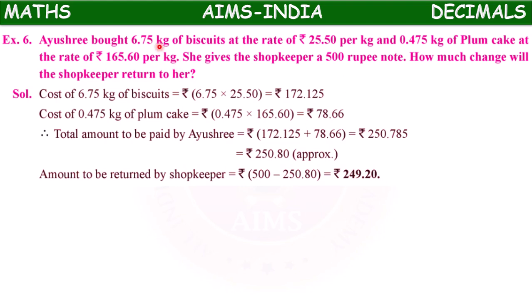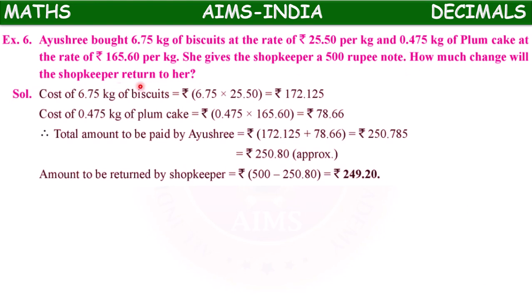So how much quantity of biscuits, how much quantity of plum cake she brought, that is given. Rate per kg also given for both the items. Now after purchasing both, she gives the shopkeeper 500 rupees note. Now the question is, how much change will the shopkeeper return to her?